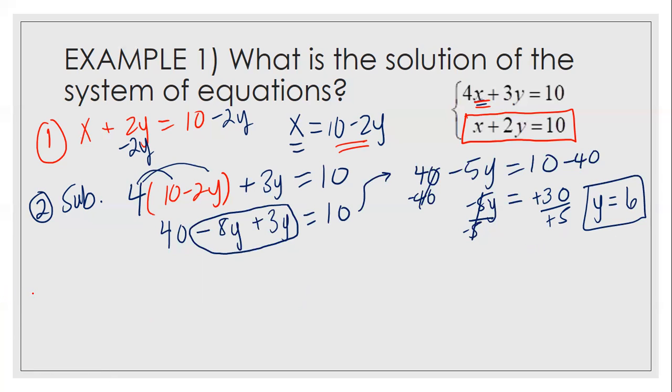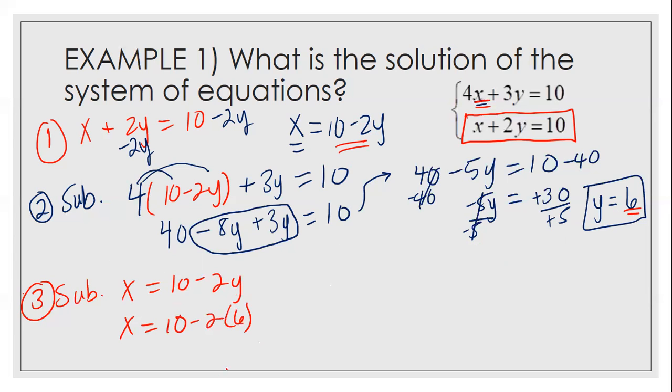Step 3 is to take that y and substitute back into step 1. Whatever I got for y goes back into step 1. So we know that x equals 10 minus 2y. And what do we know y is? 6. So we know x equals 10 minus 2 times 6.